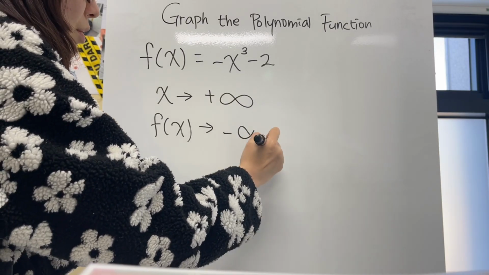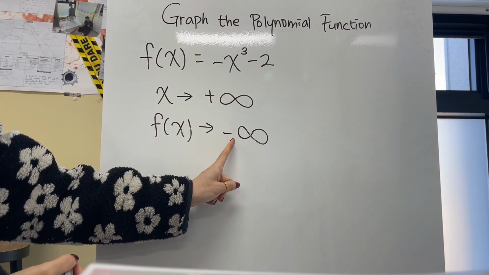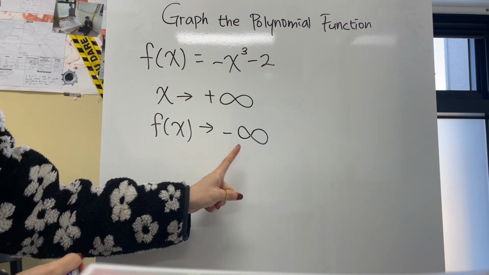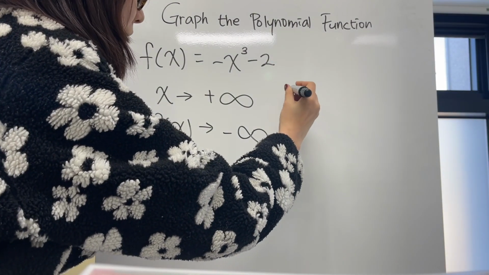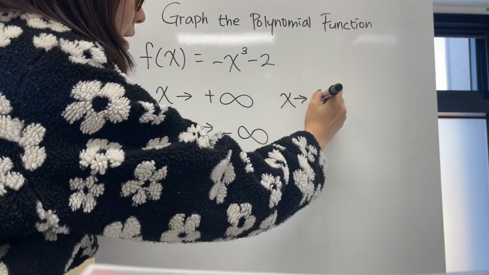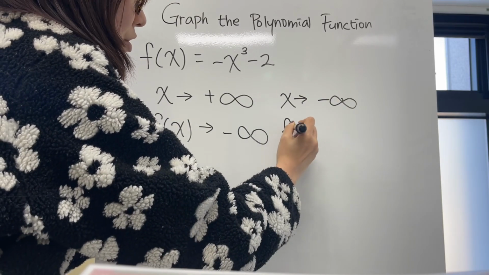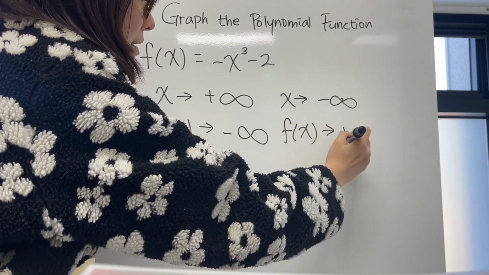So it would go down. So our function of x would approach negative infinity, and as x approaches negative infinity, our function of x would approach positive infinity.